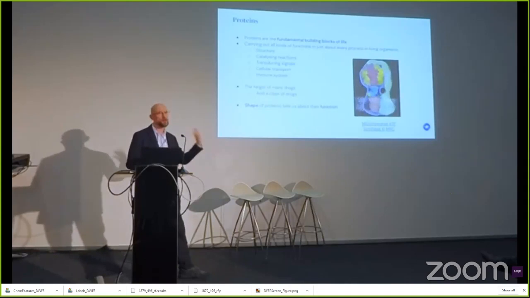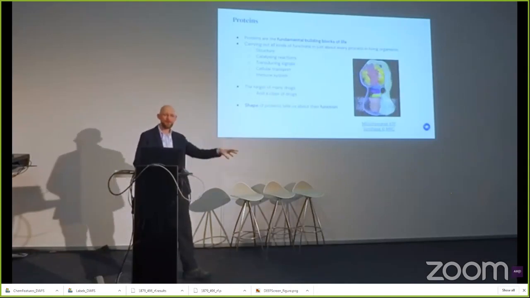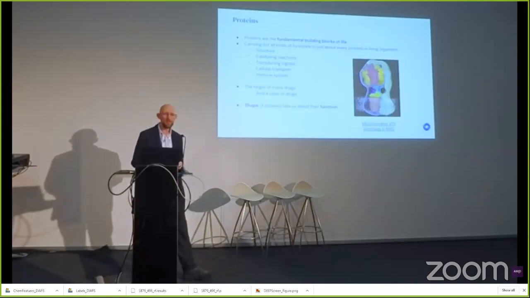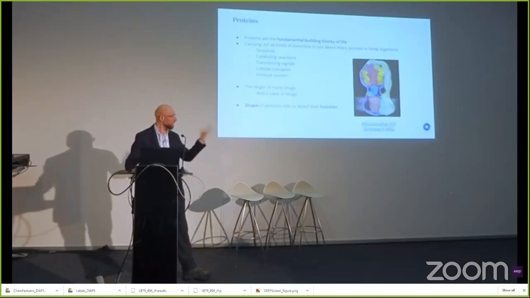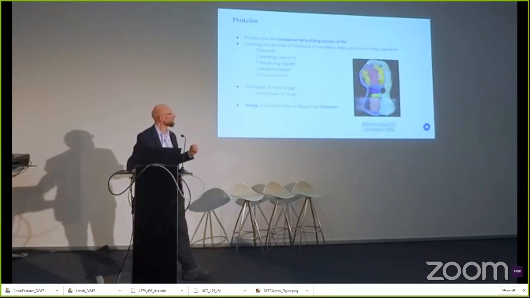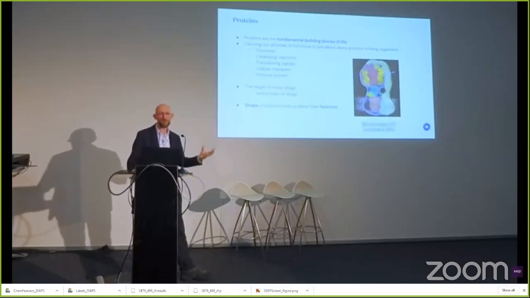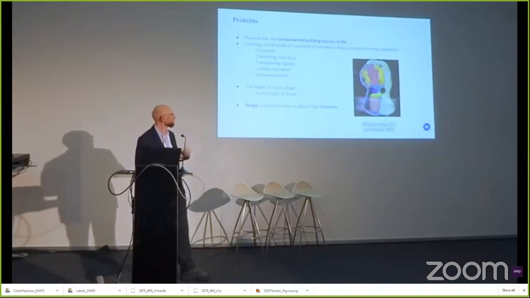They're the targets of many drugs, where you're trying to get small molecules to stick to proteins to adjust their function. And they're also a class of drugs, as antibodies can be biological drugs. One fundamental thing about proteins is that, to a large extent, the shape of the protein tells us about the function. The way it folds up and the way the reactive sites on the protein end up on the surface or in the core will determine the function.